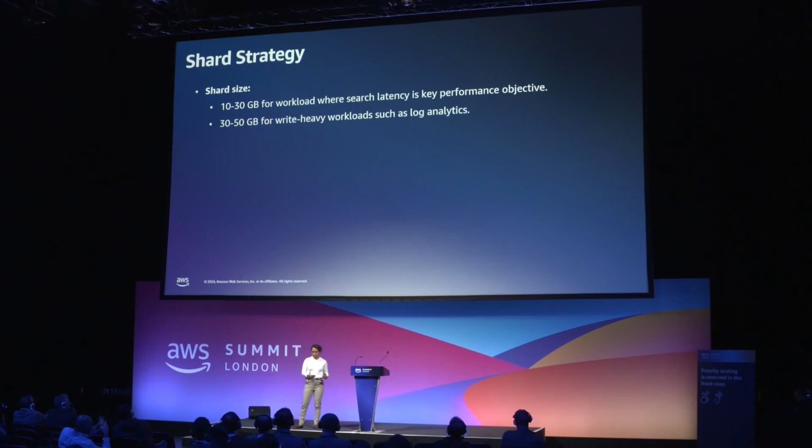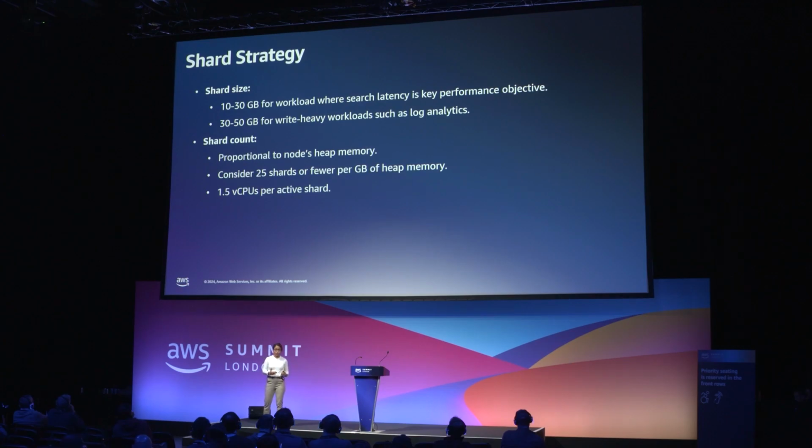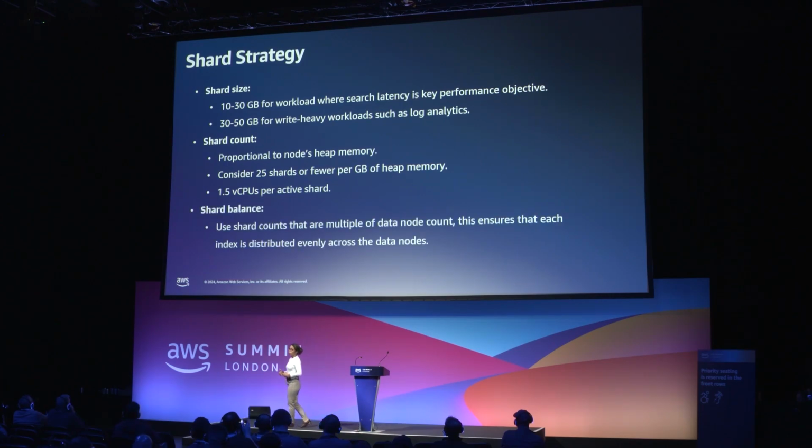For log analytics, where it involves heavy writing, aim for 30 to 50 gigabytes. Then consider the number of shards per node based on the memory size. Aim for a maximum of 25 shards per node and allocate 1.5 vCPU per active shard. Then distribute the shards across the nodes to enable parallel processing.